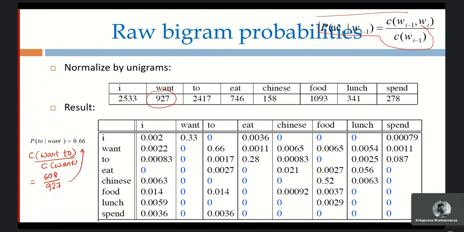So you can see two given want is 0.66. This is the background probability distribution table which shows the probability of the pairs which are being seen. Wherever there is a zero, these are the pairs which are not being seen.